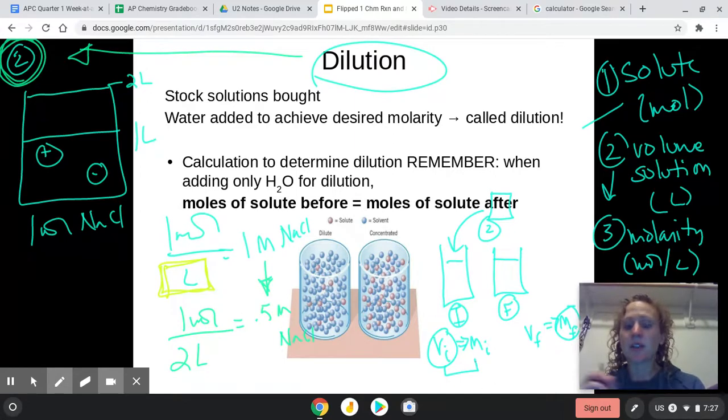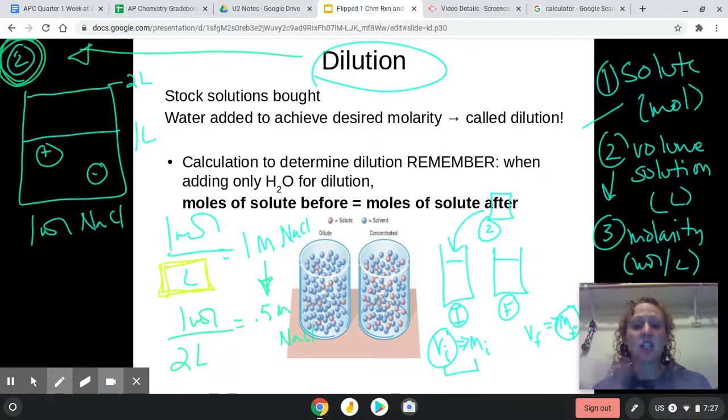So you have to be very careful with what quantities are going with specific solutions. I find it really helpful to draw a picture of what's going on. Next to your pictures, you can write, okay, I know the volume of this one, I know the moles of this one, and you can puzzle it out from there.